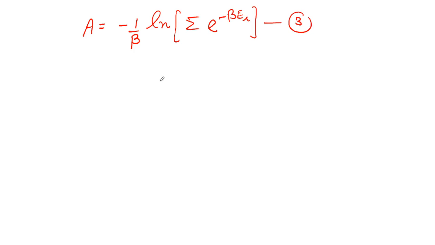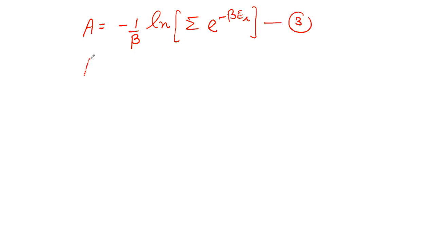Let us now introduce a new quantity, a new thermodynamic parameter A, which is equal to minus 1 over beta log of the partition function. Let this be equation number 3.